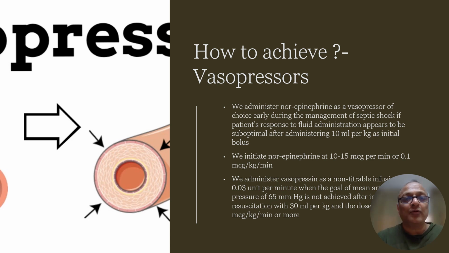Regarding vasopressin, we administer it as a non-titrable infusion of 0.03 unit per minute, as per guideline, when the goal of mean arterial pressure of 65 mm of mercury is not achieved after initial fluid resuscitation with 30 ml per kg and the dose of norepinephrine of 0.4 microgram per kg per minute or more.